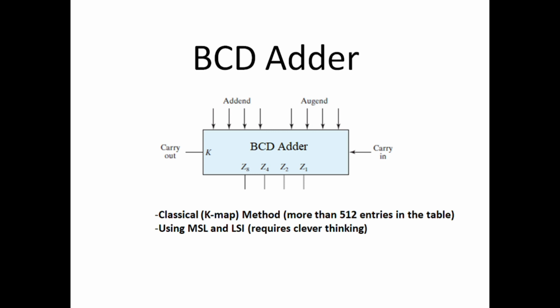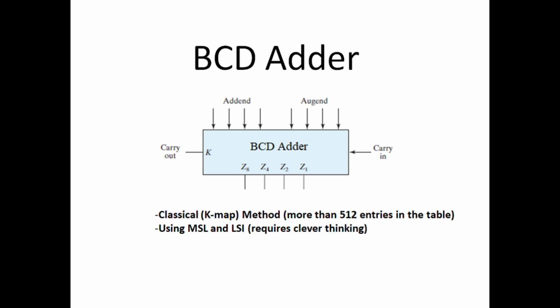So another method is to use combinational logic with MSI and LSI, but this requires clever thinking. Each time combinational logic is used to design a circuit, one must be looking for new algorithms to design the circuit.